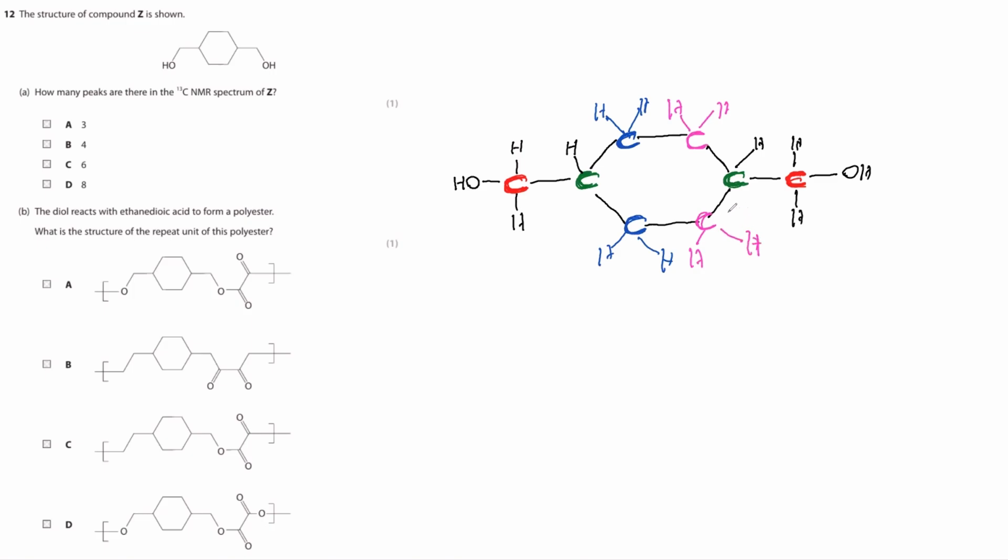So we can say there are, see the colors, 1, 2, 3, 4 types of carbon. So that means in the C13 NMR spectrum you get 4 peaks. Wrong, no marks. Why is that? That's the point they want to check. This pink color, I have to erase it. Why? Because can you see the blue color environment is the same as this pink color environment? Are you sure? Let's check.